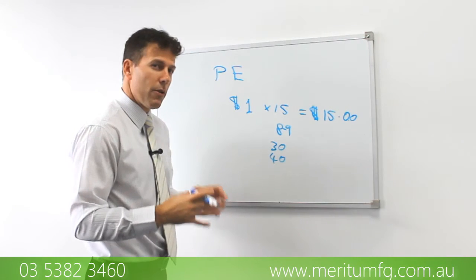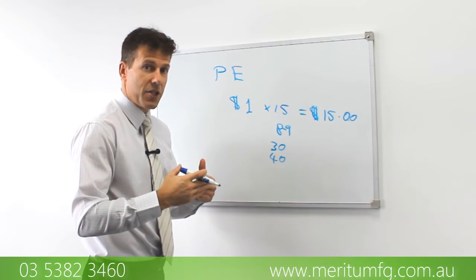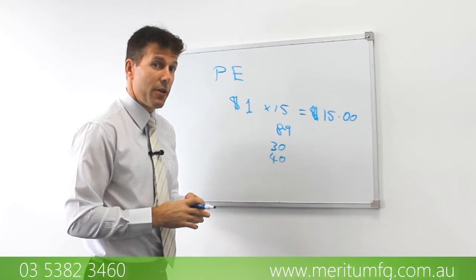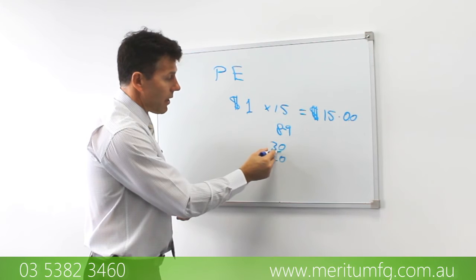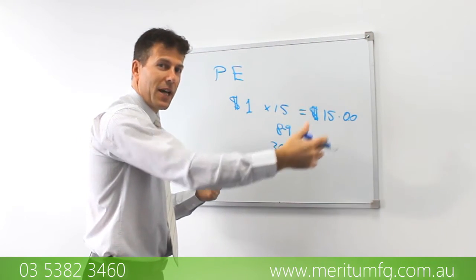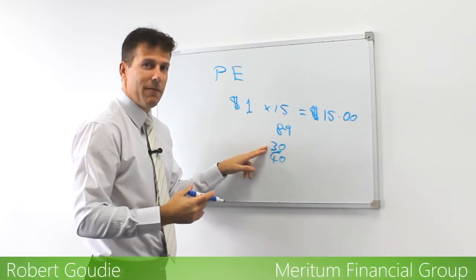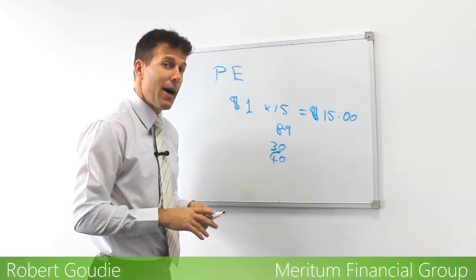A smaller, faster growing company's earnings may grow considerably quicker than what the market actually thinks. So if we've got a PE ratio of 30, when we're looking years down the track, that might be very wrong, and the earnings might be a lot higher than what the market thought.